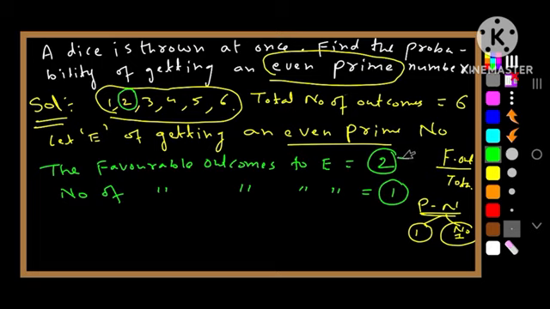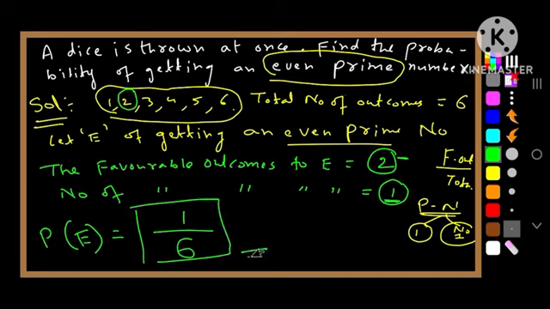But in total, how many outcomes are there? What is the formula? P(E) is equal to the number of favorable outcomes, that is 1, by the total number of outcomes, 6. So this is our final answer.